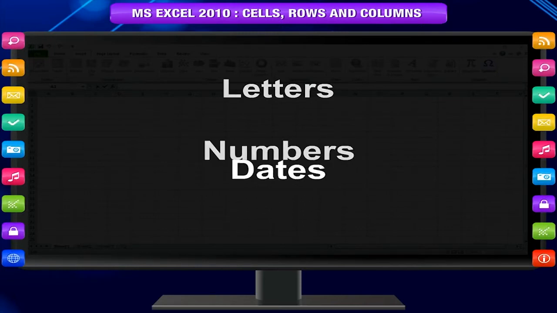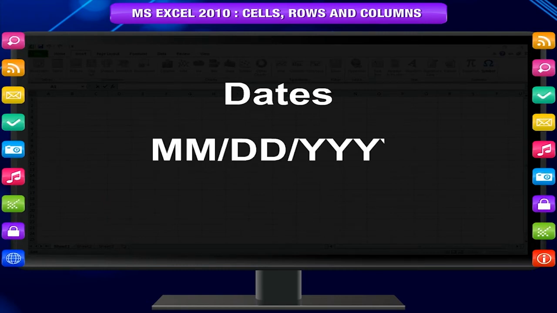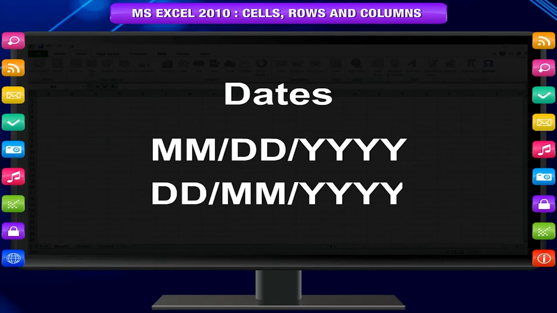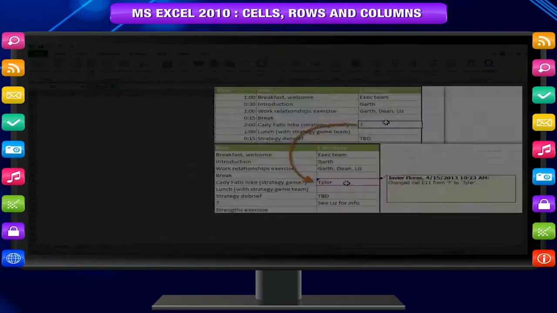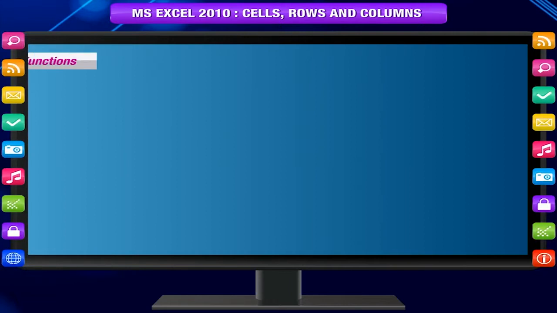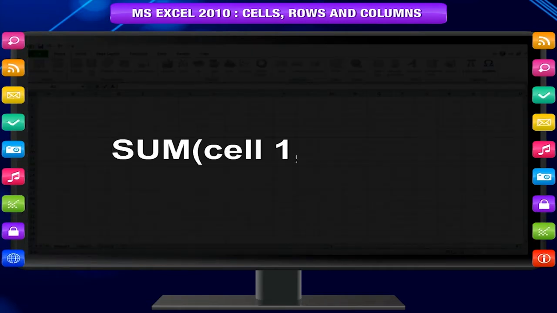For example, dates can be formatted as mm/dd/yyyy or dd/mm/yyyy. Comments. Cells can contain comments from multiple reviewers. Formulas and functions. Cells can contain formulas and functions that calculate cell values. For example, SUM(cell 1, cell 2) is a formula that can add the values in multiple cells.